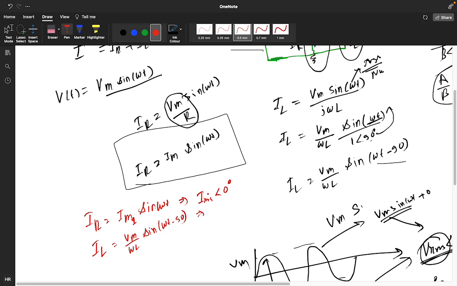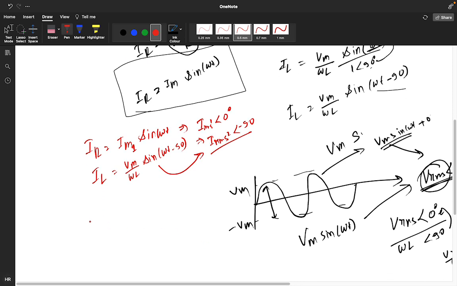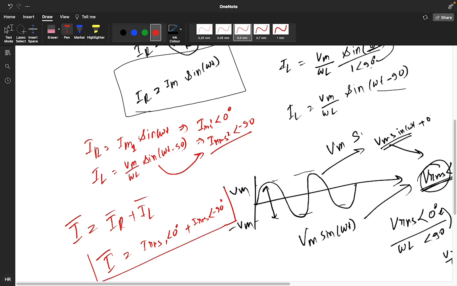So this value we are taking as IRMS1, and this value will be IRMS2 at an angle minus 90 degree if you convert it into this form. So the overall current, the I phasor, by Kirchhoff's law, will be IR plus IL. Okay, so overall I current will be IRMS1 at an angle 0 degree plus IRMS2 at an angle minus 90 degree.